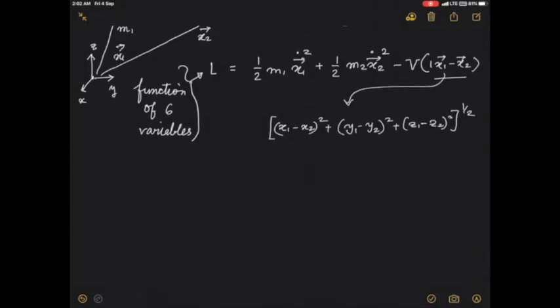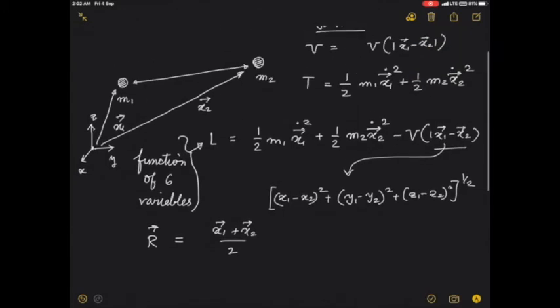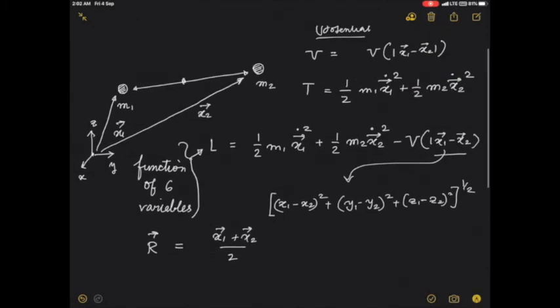This you have done in your class 2. This is called the center of mass coordinate system. So I define a capital R, which is x1 plus x2 by 2, so it essentially goes up to the middle of this bar.